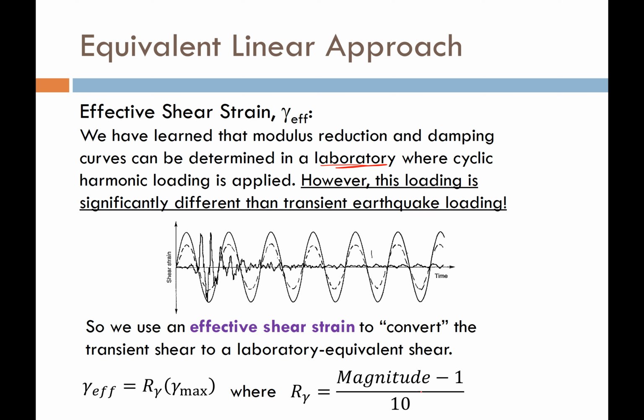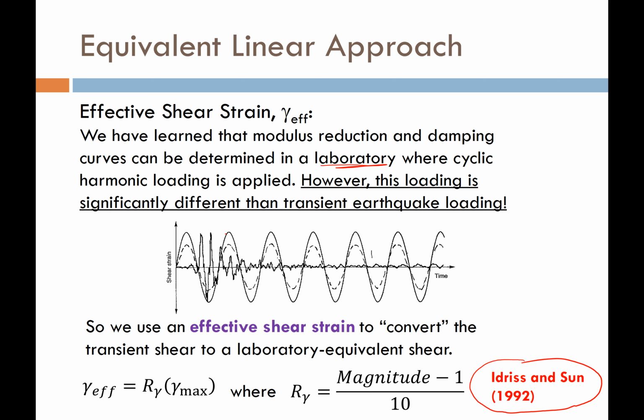So the idea is if we have this transient motion, we can compute the amount of energy that is produced by that transient motion, and it should equal something a little bit lower than what we'd see with cyclic harmonic loading that has the same peak as the transient, but the area under the curves should be just about the same as it would be for the transient motion.